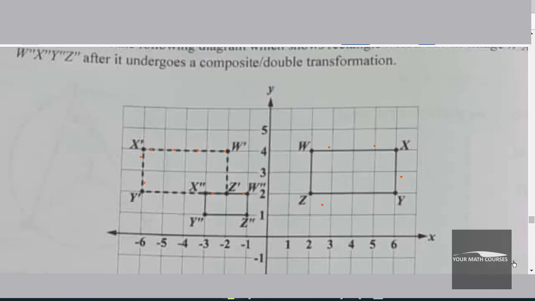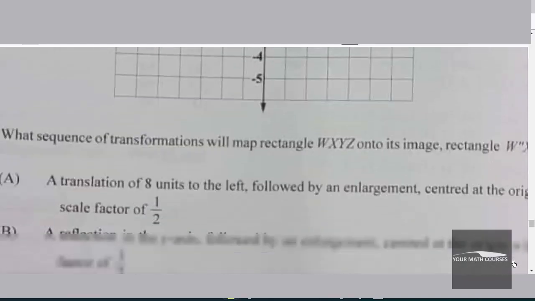Then half of this will give us 1. And that is true. So option 2 is correct. We cannot talk about counterclockwise rotation here because when you rotate, the orientation will change. And so that's it.